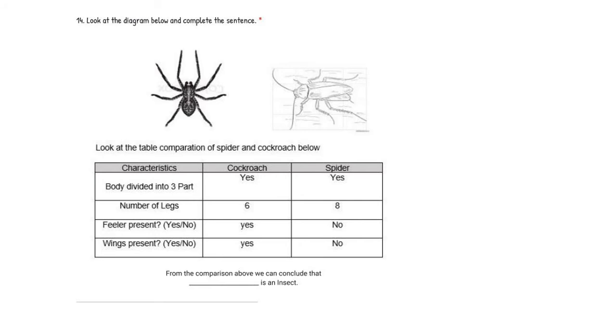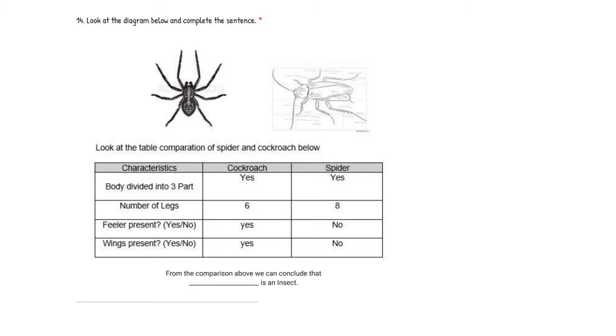Next, question number 14. In here, Miss Raisa compares the characteristics of 2 animals, which are the spider and then the cockroach, ya. And then I ask you the conclusion, itu kesimpulannya. Jadi kesimpulannya dari ciri-ciri yang Miss Raisa kasih, which one is the insect. Remember, one key point.